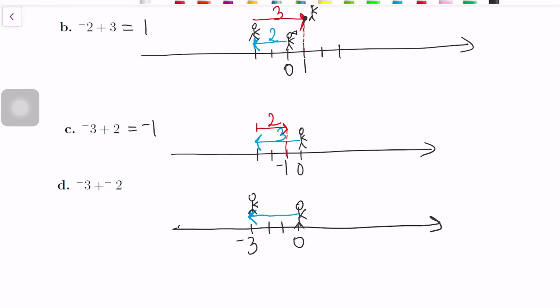And then another 2 units backwards, because the next number is negative as well. So that's minus 3. This is minus 2. Combined, you went 5 units to the left, right? So combined you are at negative 5. That's where you end up being.